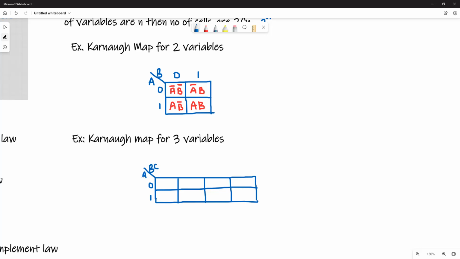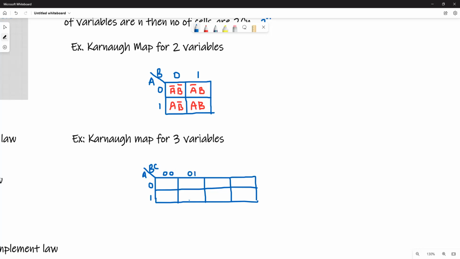On one side, let's say A, we have 0 and 1. On the other side, we have 2 variables, so we have to write down all possible combinations. It's perfectly all right to say 0, 0, and then we can have 0, 1.